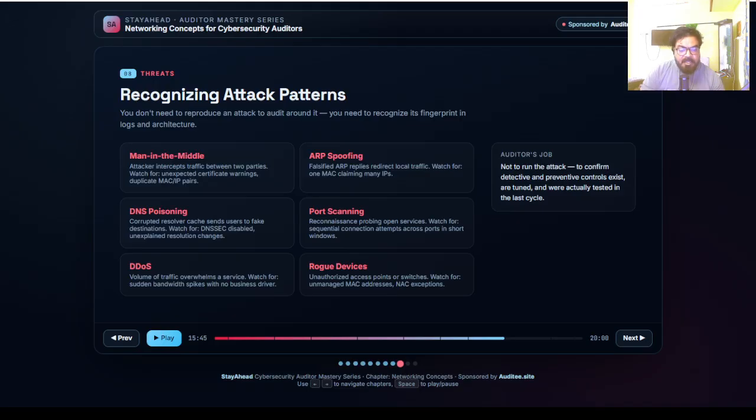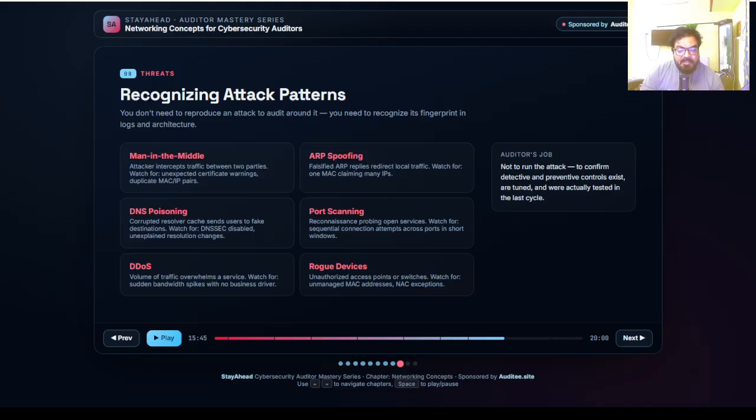DNS poisoning corrupts a resolver's cache to redirect users to fake destinations. Look for DNSSEC being disabled or unexplained changes in resolution. Port scanning is reconnaissance: an attacker probing for open services, visible as sequential connection attempts across many ports in a short window.